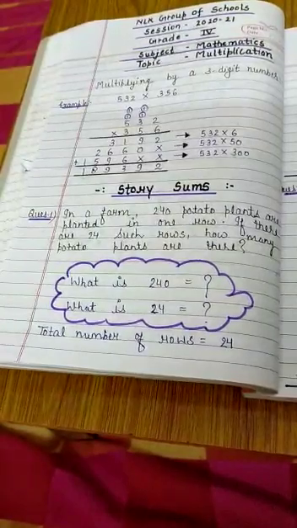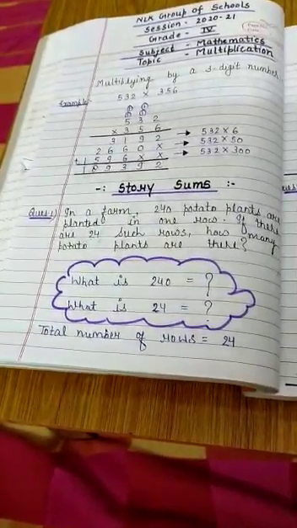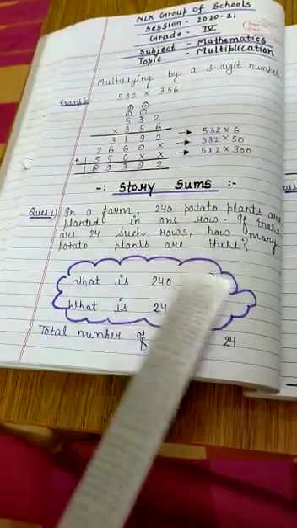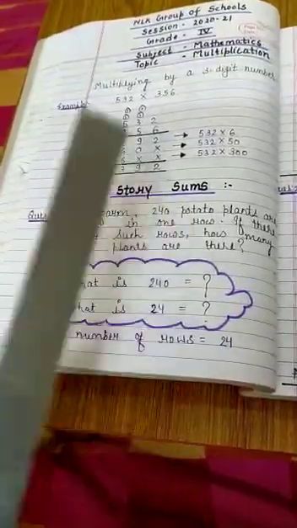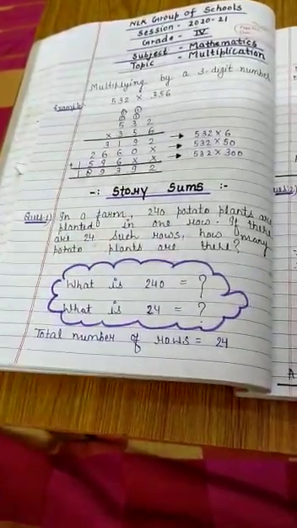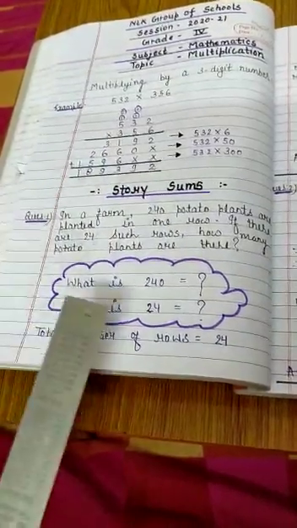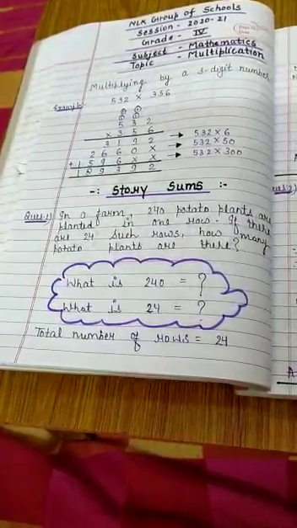To understand the problem well and to know what to write as statements, ask this question: what is 240 and what is 24? The answer to this question will help us form statements for the solution.